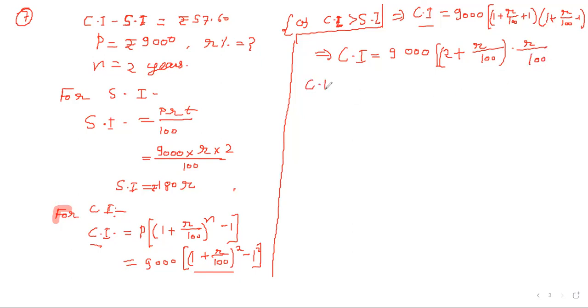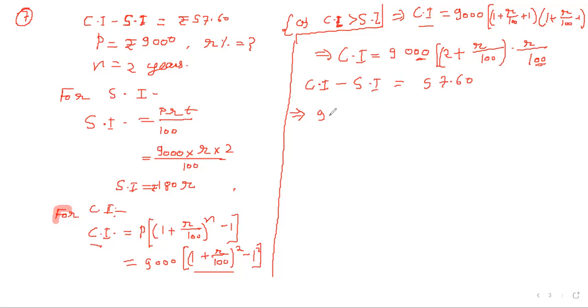Now, according to the question, CI minus SI equals 57.60. It implies now CI is 9,000. Two zeros will be cancelled out, so you can cancel them. We have less space, so we can do some steps directly also, but don't perform this in your notebook.